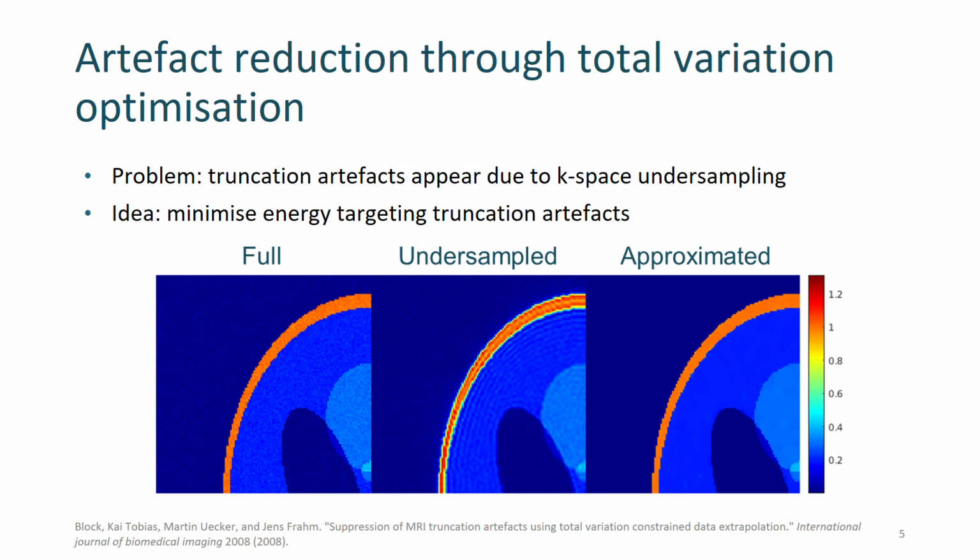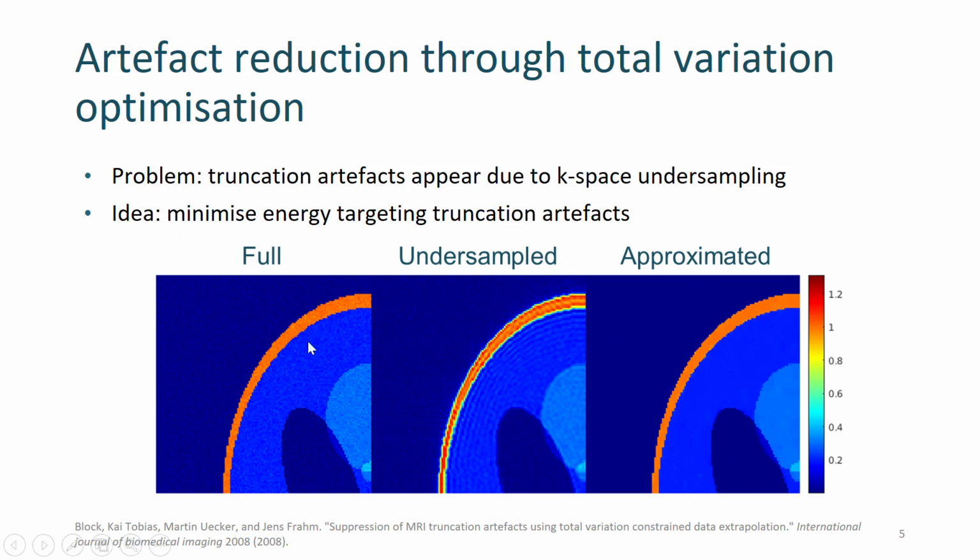Some of the imaging artifacts we observe in the images are a consequence of the truncation of high frequencies during the acquisition of MRI scans. Such artifacts can be diminished by minimizing an energy function targeting them, such as the total variation optimization framework. In the image, on the left, we see how the phantom would look like if the entire k-space was acquired.